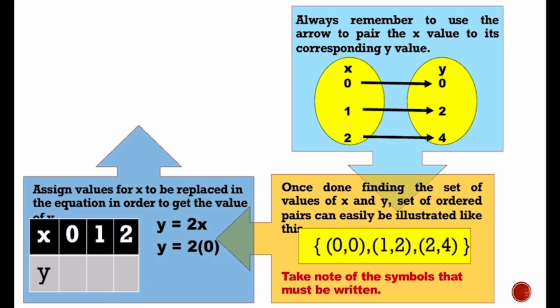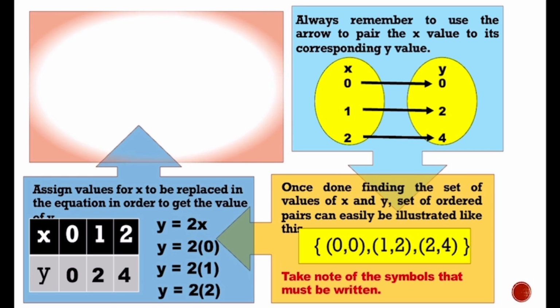Next, if we substitute the value of x to 1, we have y equals 2 times 1. So therefore, y is equal to 2. Next, if we substitute the value of x to 2, we have y equals 2 times 2, which is equal to 4.